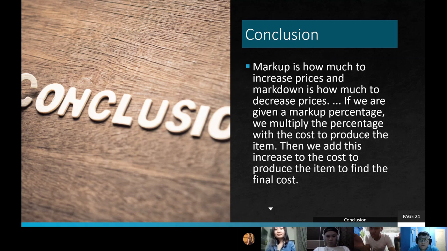Then we add this increase to the cost to produce the item to find the final cost. Thank you very much. That's all from us. Thank you for listening.